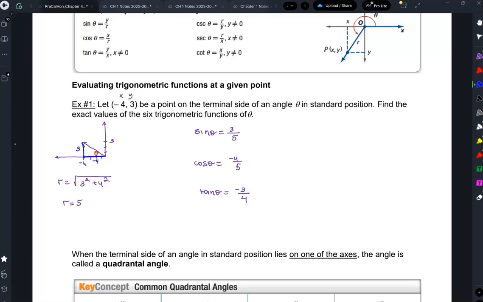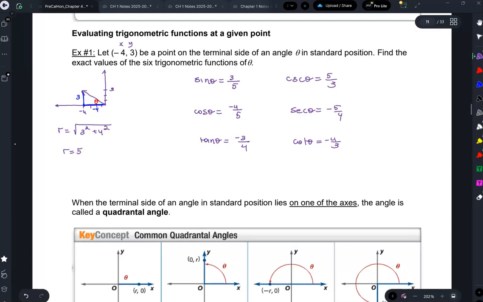So cosine is -4/5. Sine is 3/5. But we never draw this. So then cosecant is 5/3. Secant, -5/4. Cotangent, -4/3. Any questions?